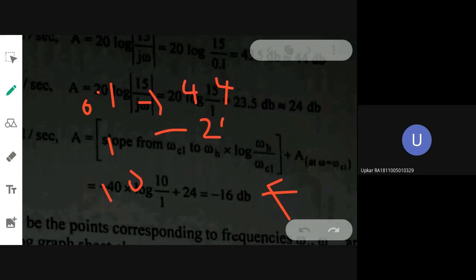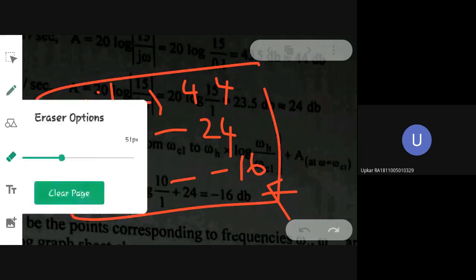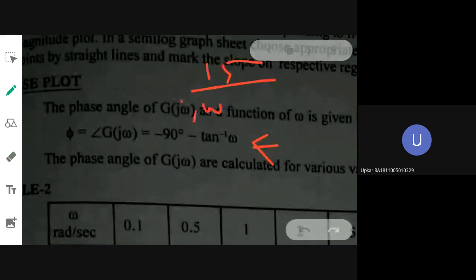This you have to plot in the semi-log graph sheet. Let us do it along with the phase angle. For the phase angle, you need to write down the phase angle expression. The formula is 15 divided by j omega into 1 plus j omega. The angle is 0 minus 90 minus tan inverse of omega.